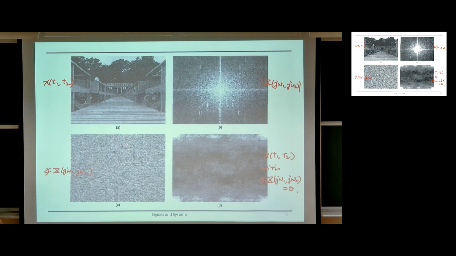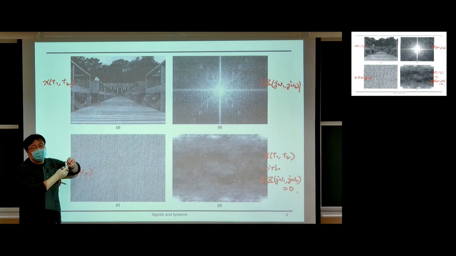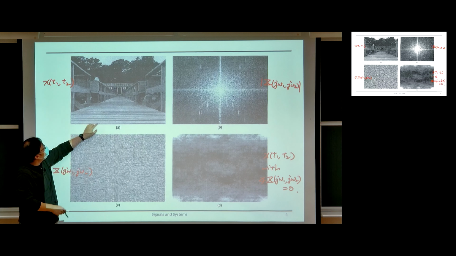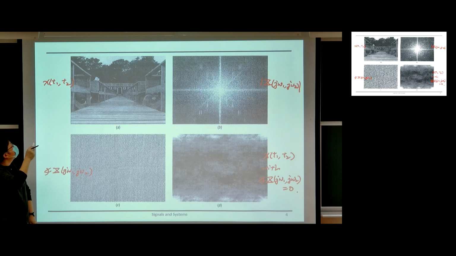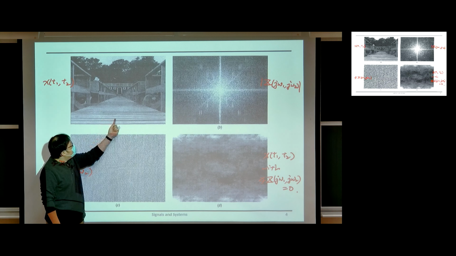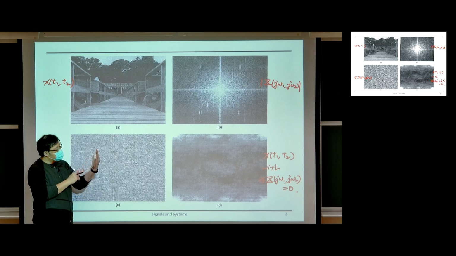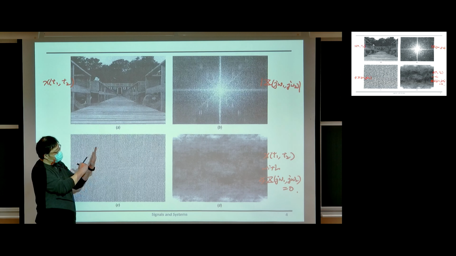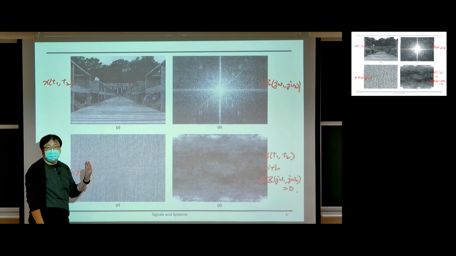The reason for that is, when you observe these white regions, which correspond to very large values of x, or the black regions, which correspond to very small values of x, and when you look at these edges, these edges mean that the value has an abrupt change from small value to large value, or the other way around.